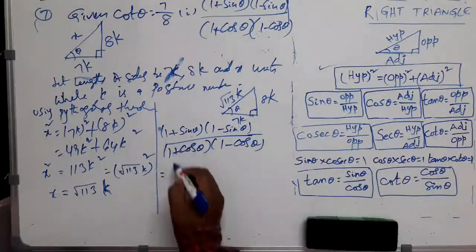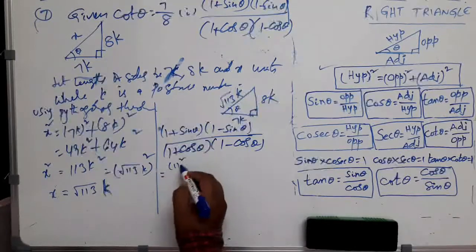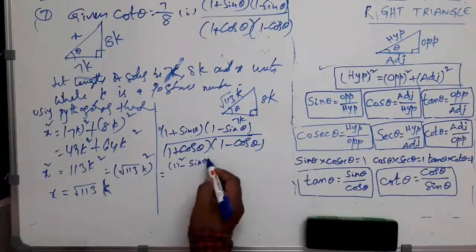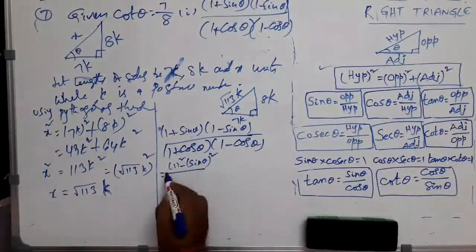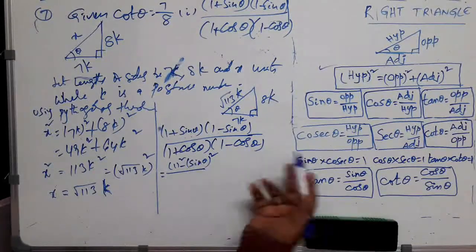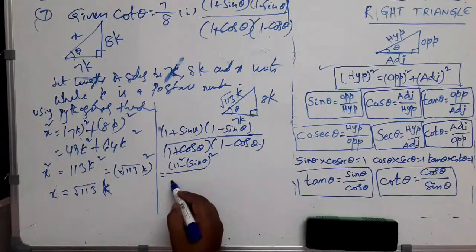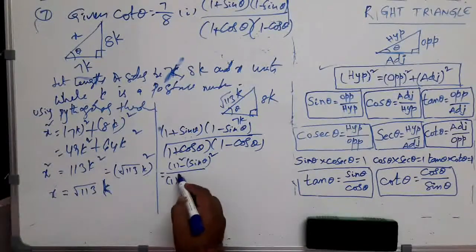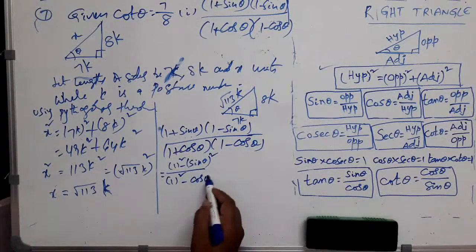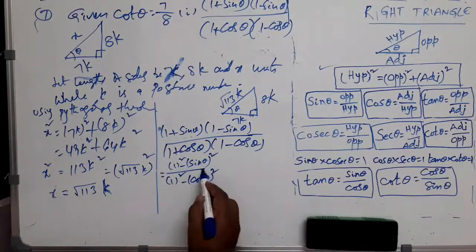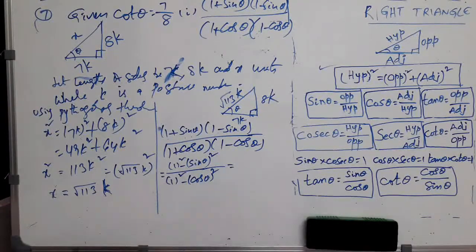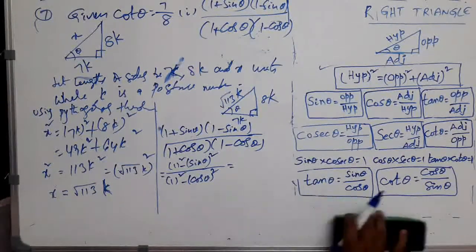That is 1 square minus sine theta whole square divided by, in the same way, this is also the same form, a plus b into a minus b, a square minus b square, 1 square minus cos theta whole square, right?